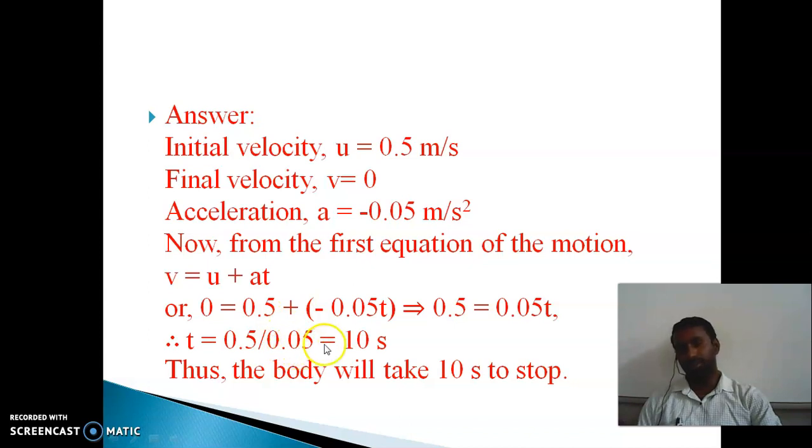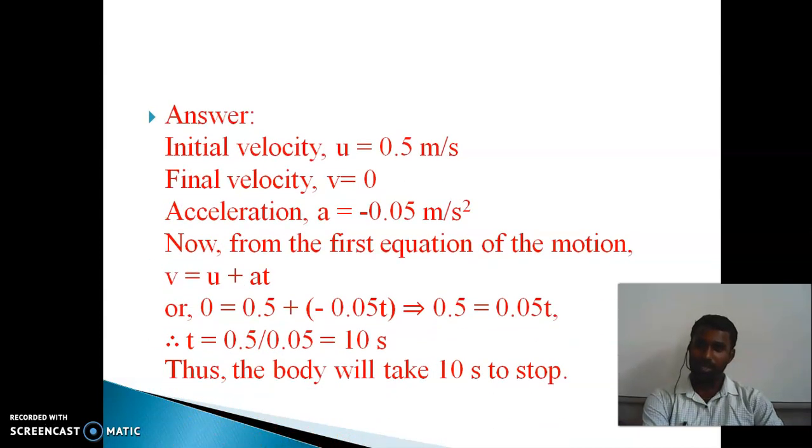And 0.05 into 100 means the 2 decimal points move, so that is 5. So 50 divided by 5 means 10. 1 five is 5, 10 fives are 50, so 10 seconds. Thus the body will take 10 seconds to stop. So time is 10 seconds.